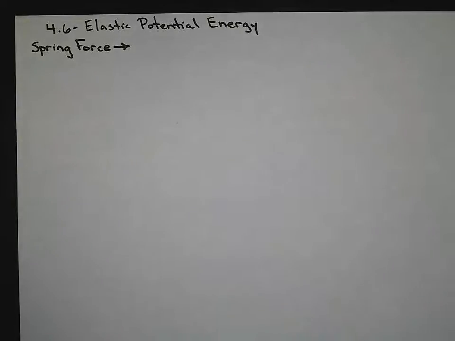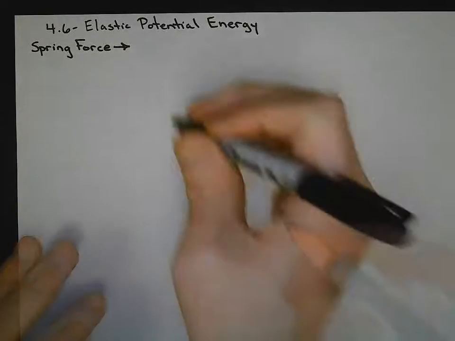For our next lesson in the course, we're going to be talking about elastic potential energy, and we'll be starting it off with a definition of what a spring force is.